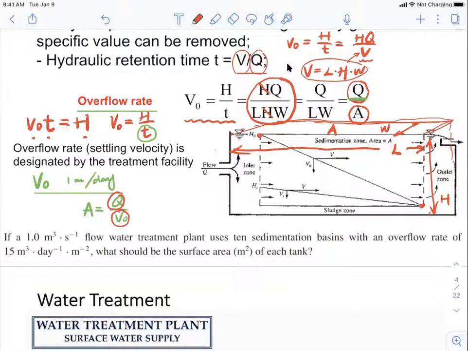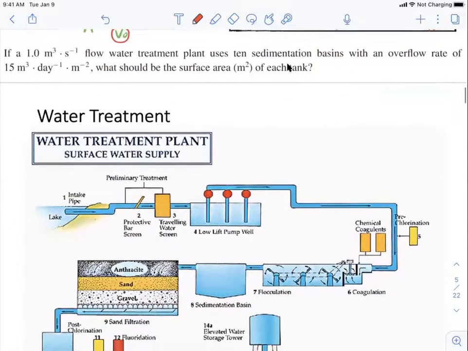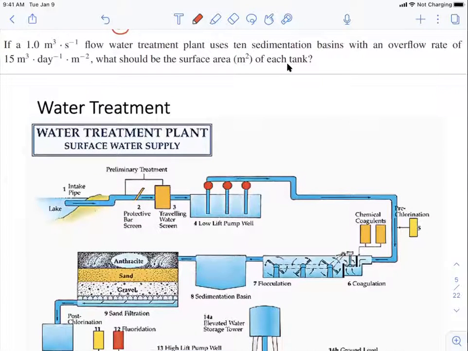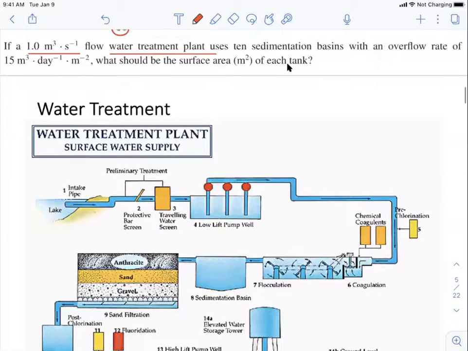What this problem is saying is that we have a water treatment plant that is processing water at this flow rate, 1 meter cubed per second. It is using 10 sedimentation basins to remove the larger particles.